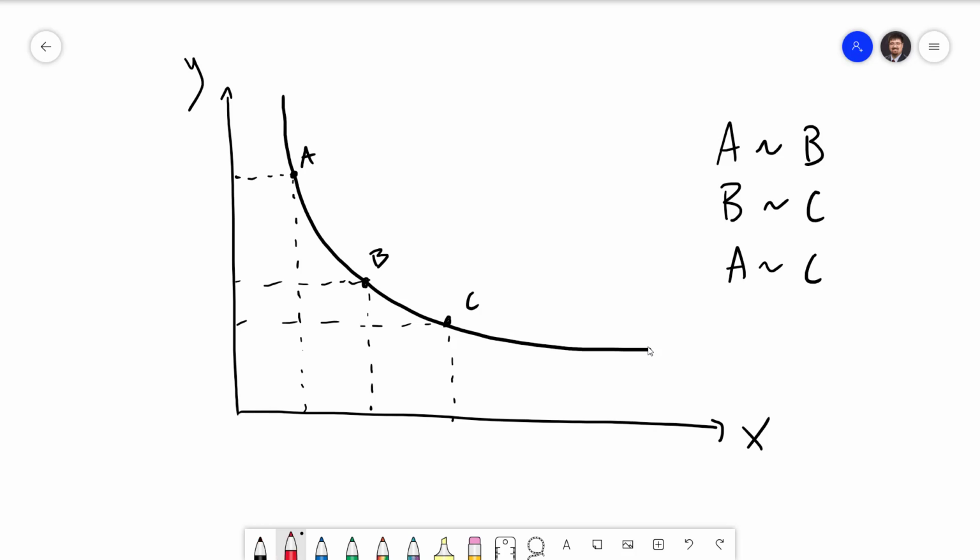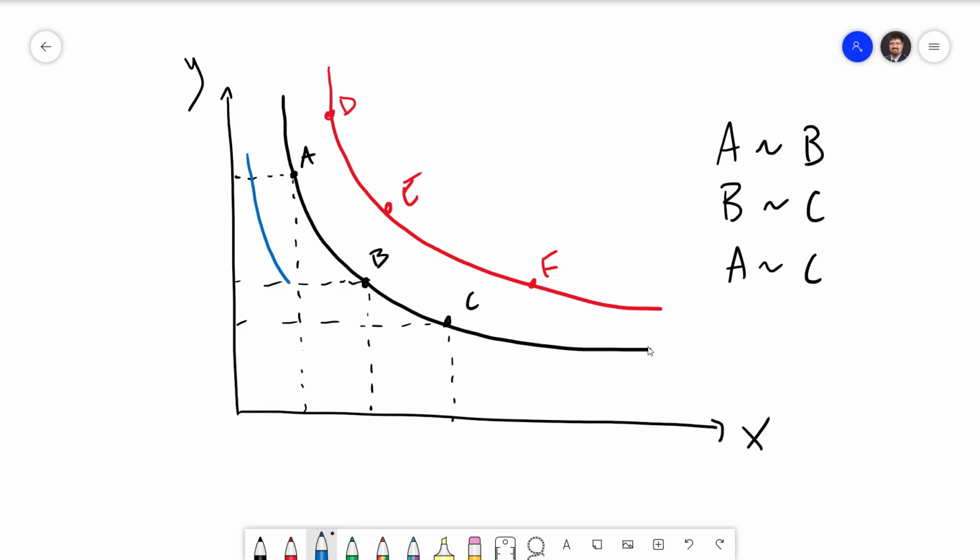A consumer has an infinite number of indifference curves. We can draw another indifference curve, something like this, and graph out some more points. Let's just call those D, E, and F. The consumer is indifferent between D, E, and F, but since this indifference curve is farther out from the origin, all the points on the red indifference curve are preferred to all of the points on the black indifference curve.